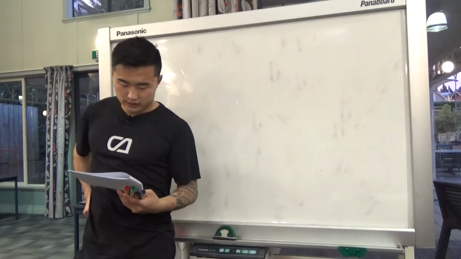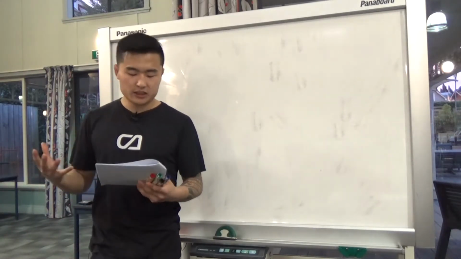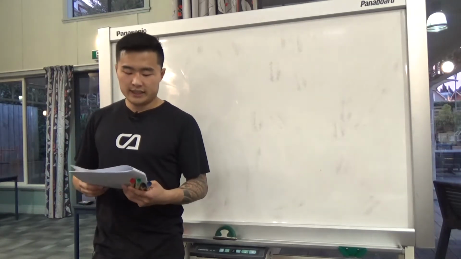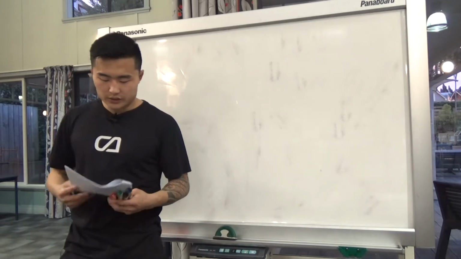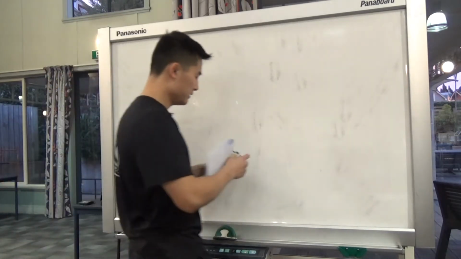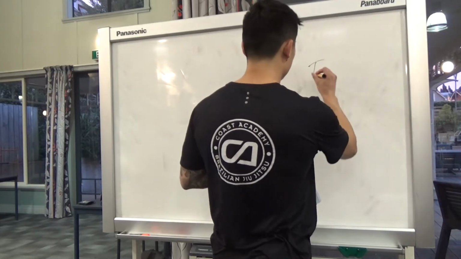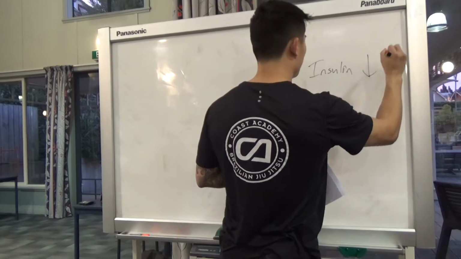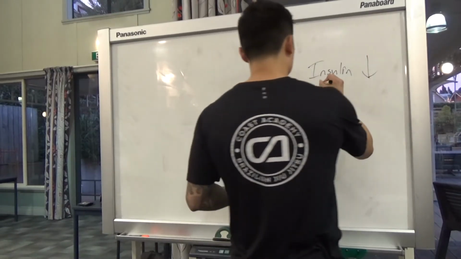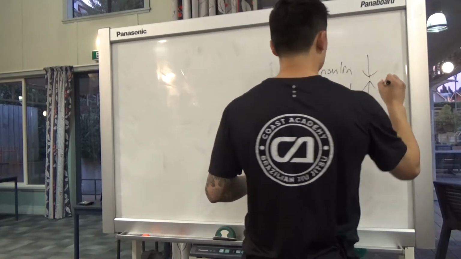So inside the green box should be cortisol, and then the red box will be insulin. So during starvation, insulin will be low and cortisol will be high.